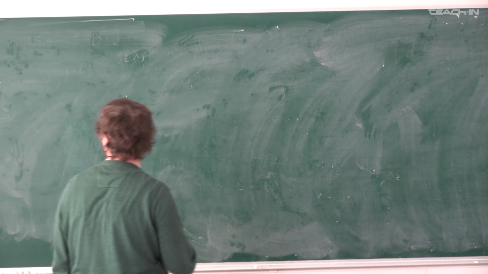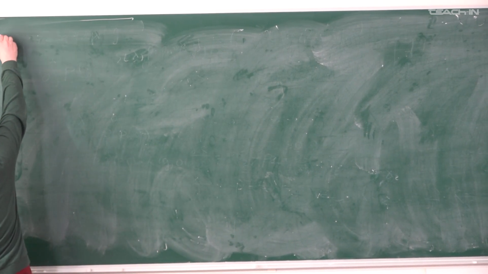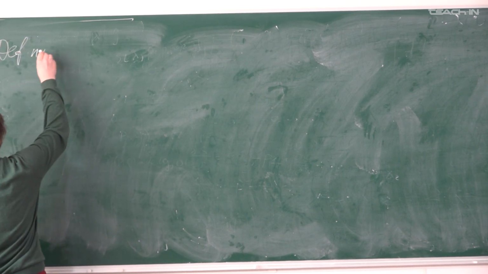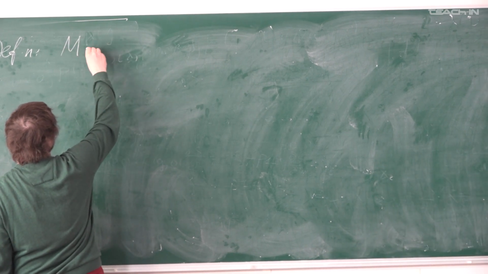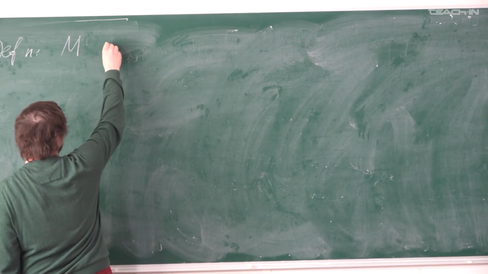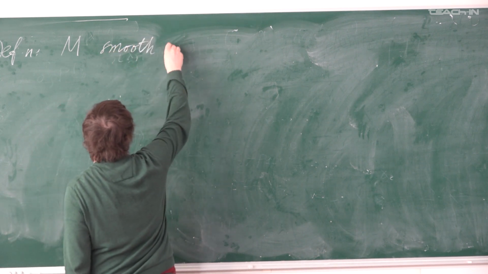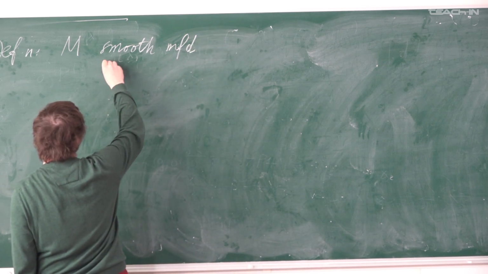So last time, I gave you the definition of symplectic structure. Let M be a smooth manifold, not necessarily compact, but usually it is assumed to be without boundary.